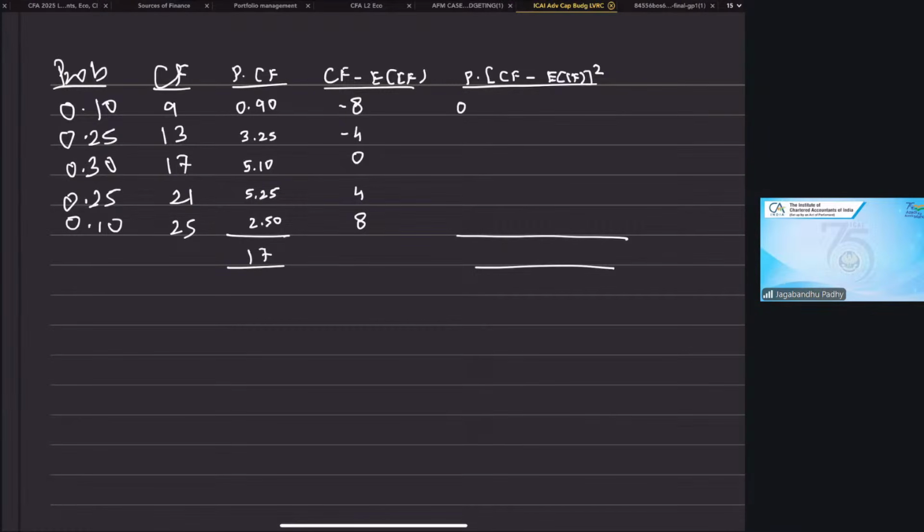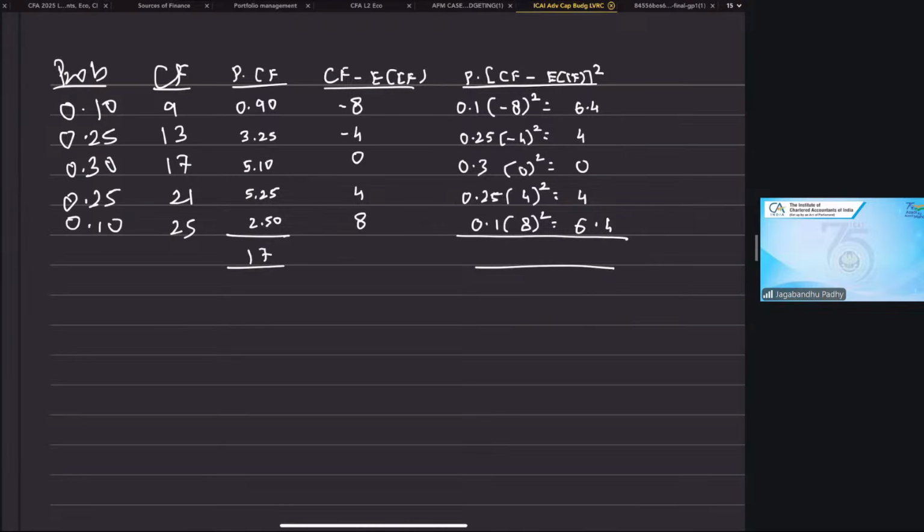Probability 0.1 into 8 square is 6.4. Minus 0.25 into 4 square, so 16 into 0.25 is 4. 0.3 into 0 square is 0. 0.25 into 4 square is 4. And 0.1 into 8 square is 6.4.